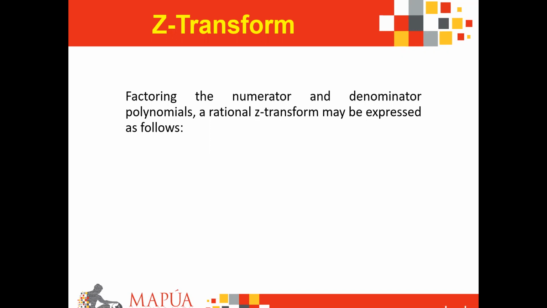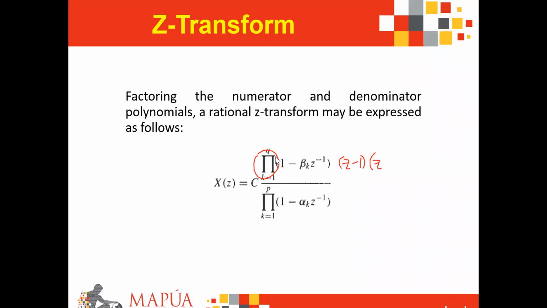So it follows that basically there is a constant term tapos sum. Ibig lang sabihin nito, yung values ng Z are multiplied together. So parang Z minus 1 times Z minus 2 times Z plus 3.